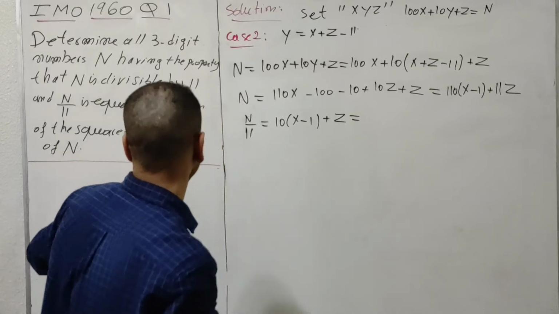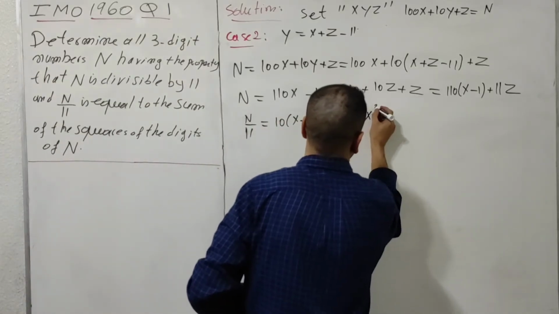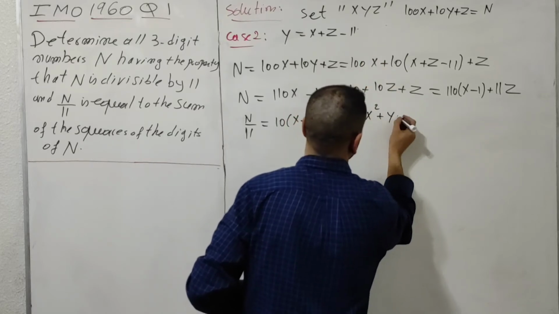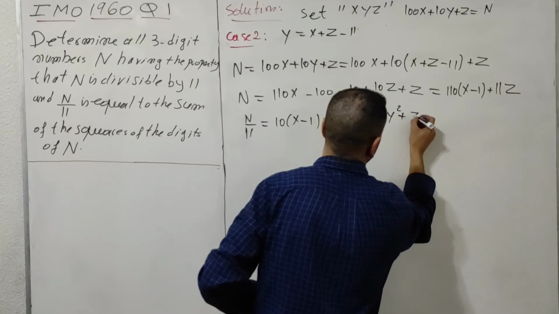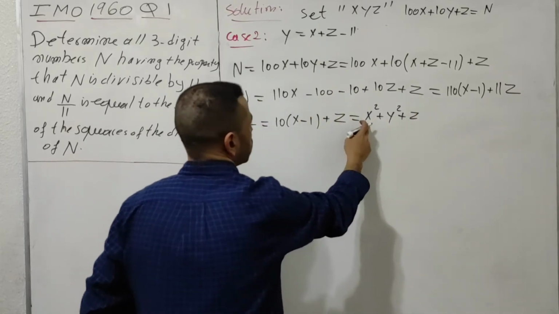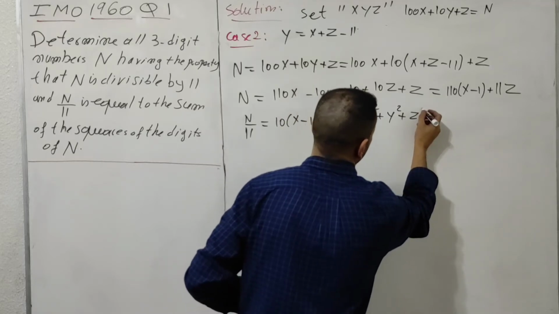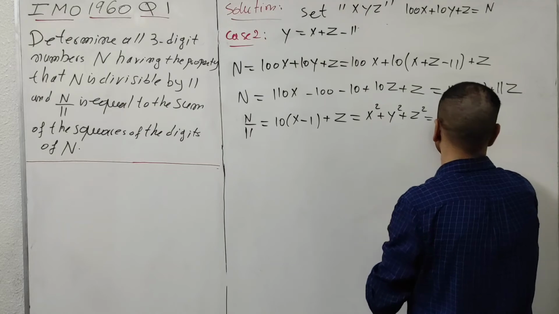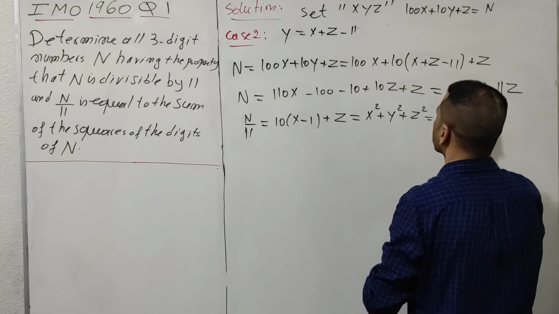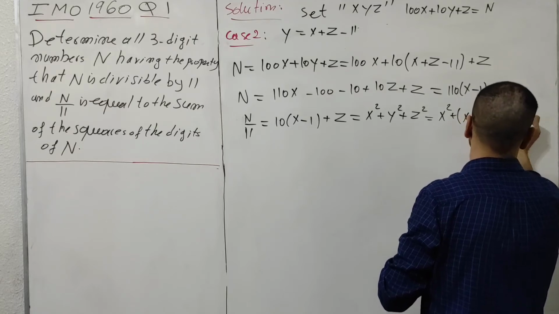This one, by using the second property, is equal to the square of the first digit plus the square of the second digit plus the square of the hundreds digit plus the square of the tens digit plus the square of the first digit. Okay, so I'm going to replace y with its value. I will get x squared plus x plus z minus 11 quantity squared plus z squared.